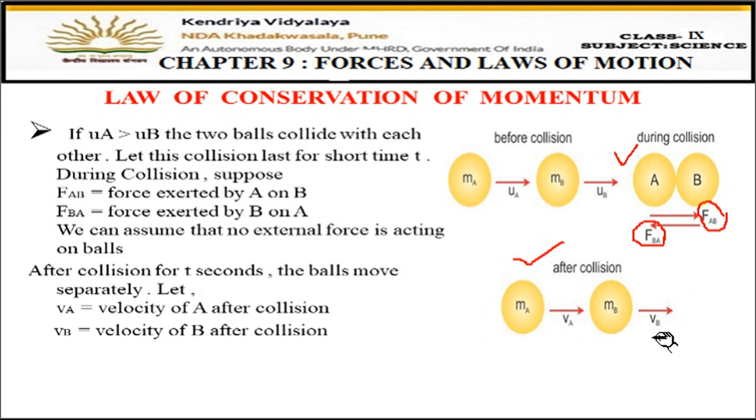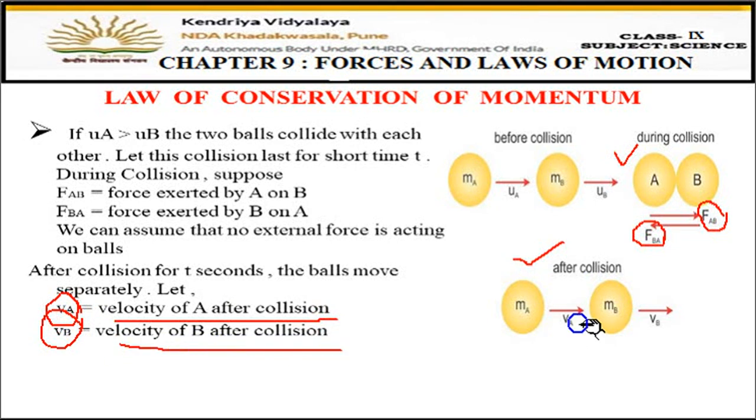But remember, after collision their velocities will definitely change, because once they collide, their velocity is going to change. So what is vA now? vA means the final velocity of A after collision. We represent the final velocity with a small letter v, if you remember. So the velocity of A after collision is vA and vB is the velocity of B after collision.